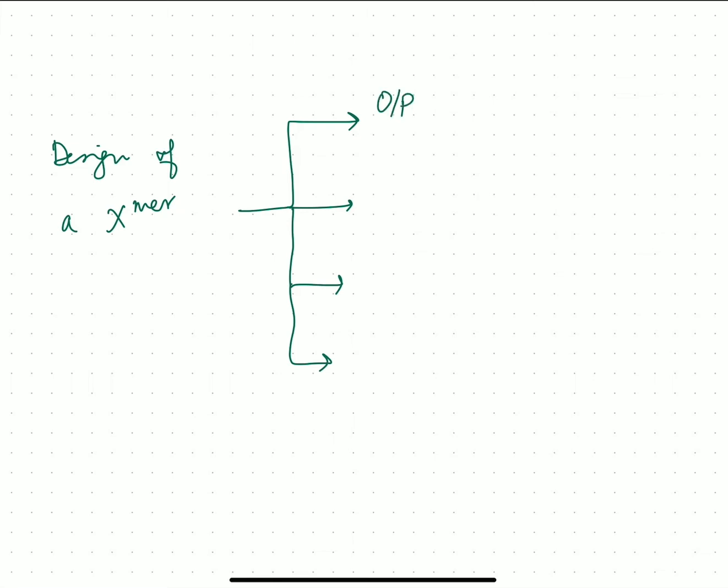So the design of transformer can be split up into 4 different steps. First, the output equation, dimensions of the transformer, of the windings. Then you have the overall dimensions, that is the dimension of the transformer, the winding, the core, etc. Then you have the cooling apparatus.